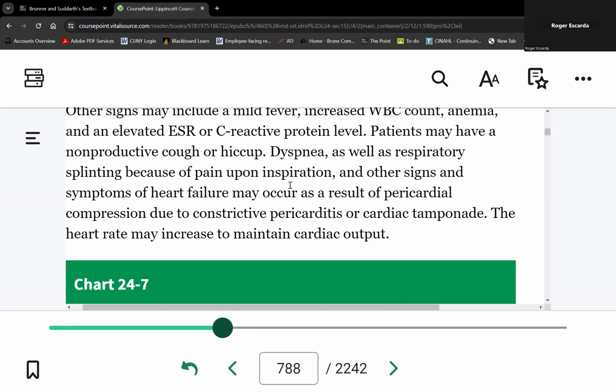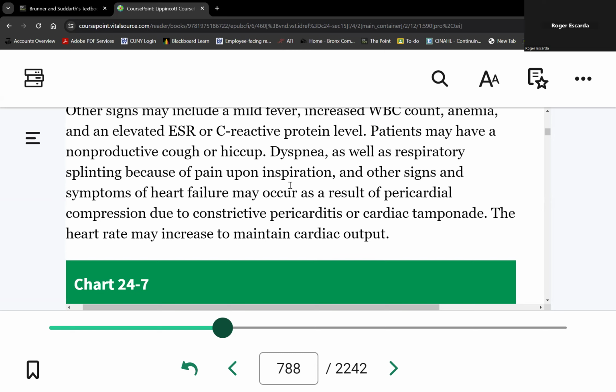What happens now to the surface area for the heart? So imagine yourself here, you're the heart, and you're supposed to have only a little bit of fluid around you. Now, all of a sudden, when you develop cardiac tamponade, you have a lot more fluid around you. So what will happen to the amount of blood you can receive? And what happens to the amount of blood that will come out? Okay, so cardiac output will decrease. Venous return also decreases.